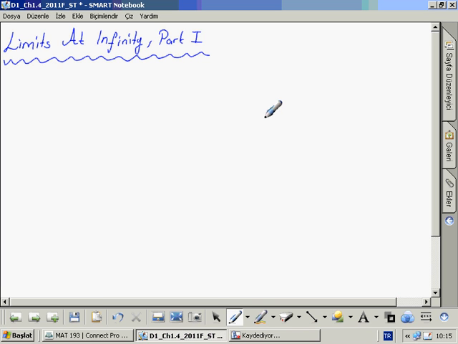By limits at infinity we mean one of the following two limits: limit as x goes to infinity of f of x, and limit as x goes to minus infinity of f of x.